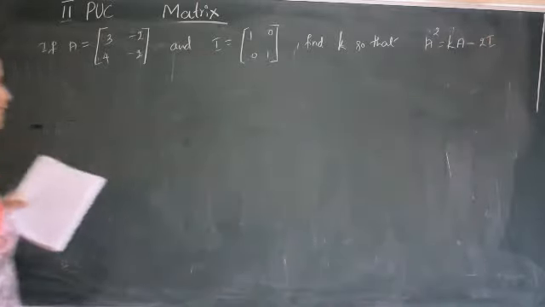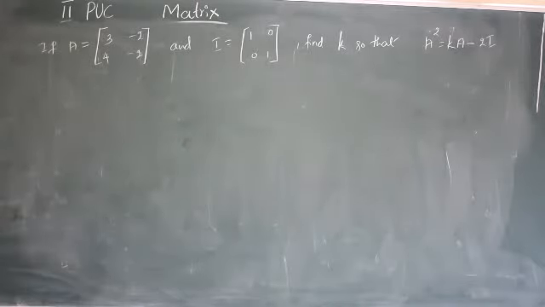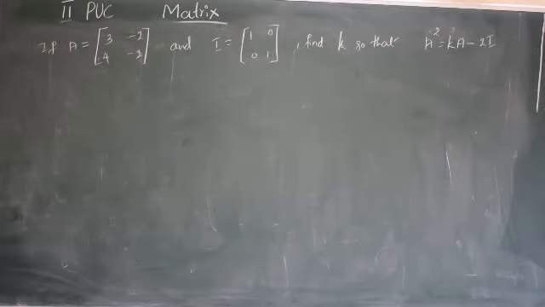Here we have to calculate the value of k so that A square is equal to kA minus 2I.